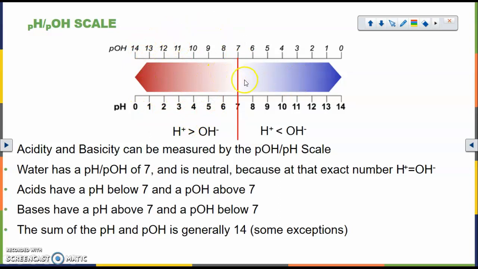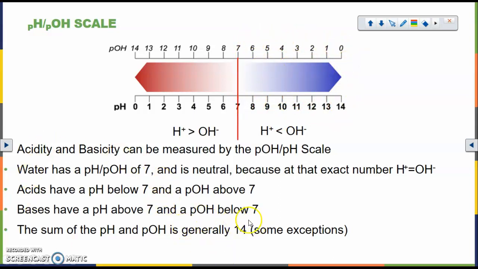Okay? Similarly speaking, on the blue side, which is the basic side, that means you have more hydroxide ions than hydrogen or hydronium or proton ions. Okay? So again, inversely speaking, the pH in this case is going to be above 7, and the pOH is going to be less than 7, right?